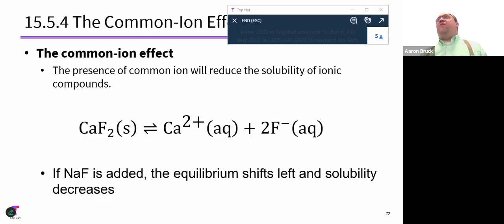And we used the common ion effect to set up the whole concept of buffers. Well, we can't do that here in terms of there's no Henderson-Hasselbalch equation that we can fall back on for the common ion effect with solubility. But we can understand that the idea of the common ion effect is still true.